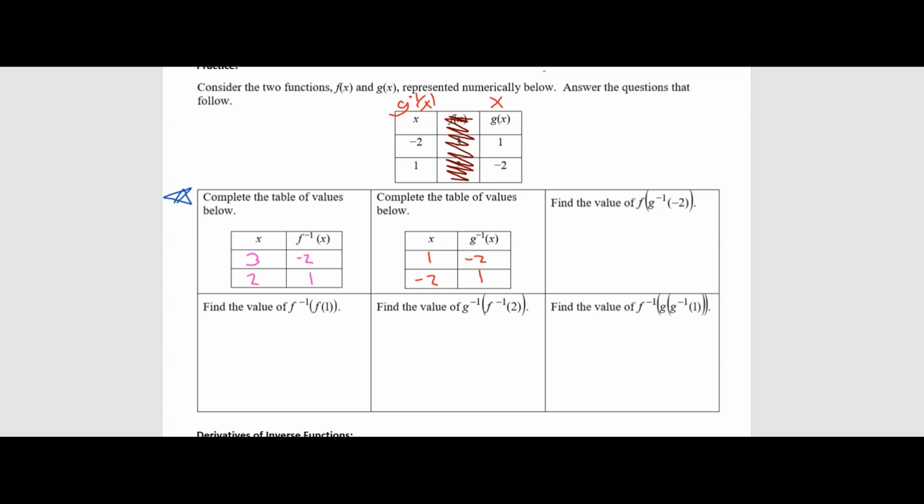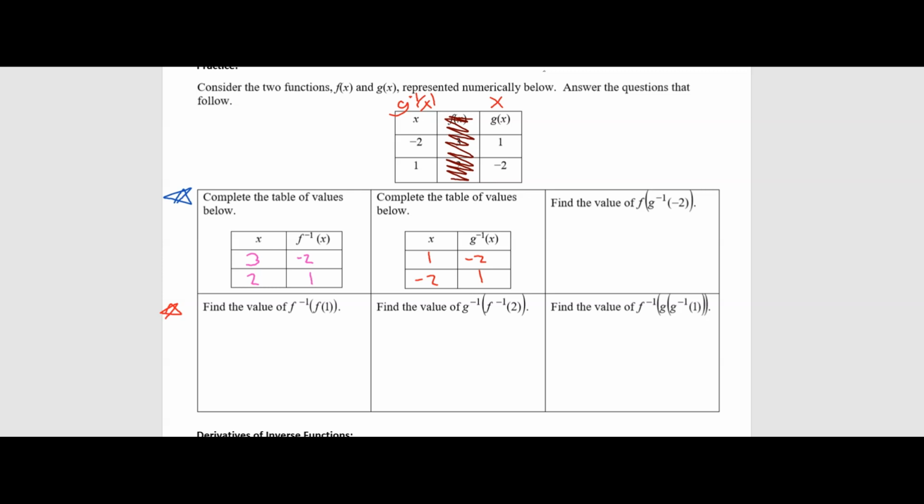Okay, let's go and do this one down here, the first one in the second row. So it says find the value of f inverse of f of 1. So we actually shouldn't have to look at any boxes here, shouldn't have to do any work if we remember one of the relationships from up above. And I said this is going to be important as we proceed into further problems.